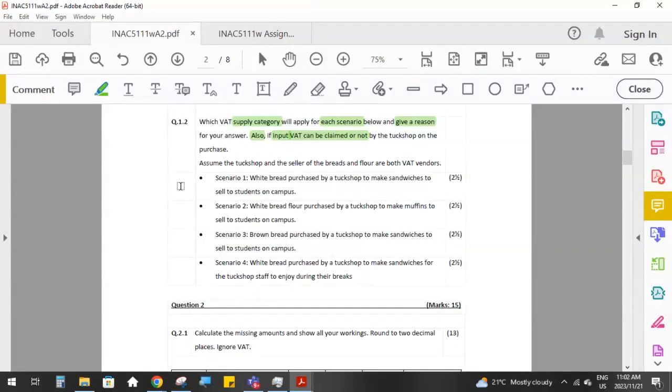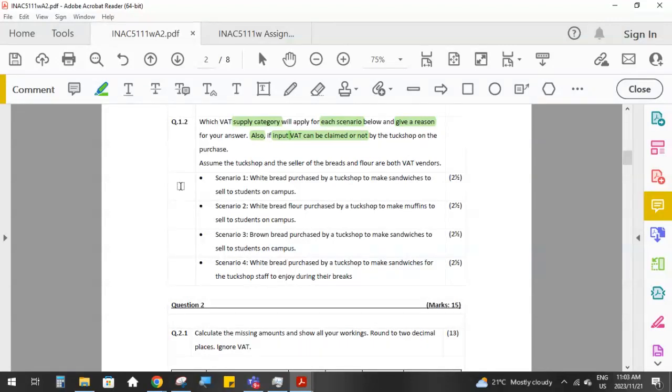And the fourth instance is if it is a standard rated supply and VAT was charged to you on the invoice, but because of the nature of what you are going to use that item for, you are not allowed to claim. In other words, it's a non-allowable item, and you're not allowed to claim the VAT back.